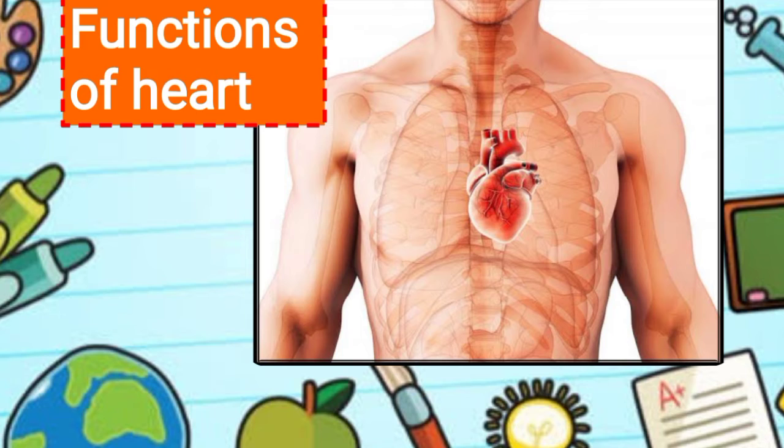Blood delivers oxygen, glucose and other components to various parts of the body, including the human heart. The heart also ensures that blood pressure is maintained in the body, and the heart works all the time, pumping blood through the network of blood vessels, which are arteries and veins.